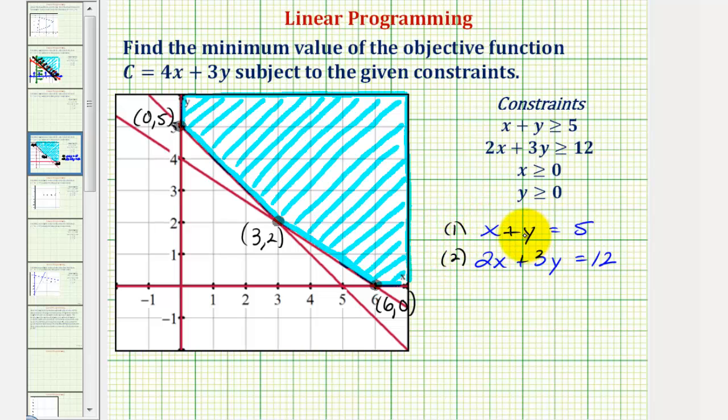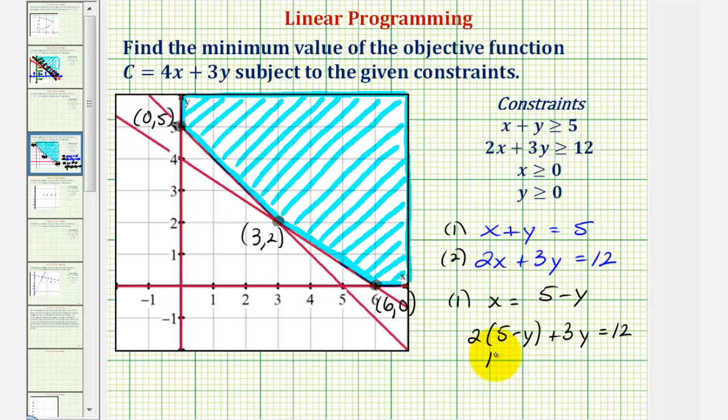If we solve equation 1 for x, we could say that x = 5 - y. And now we perform substitution into equation 2, which would give us 2(5 - y) + 3y = 12. There's our substitution. So now we'll distribute and then solve for y.